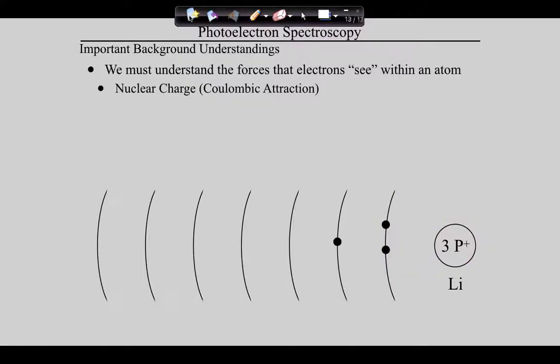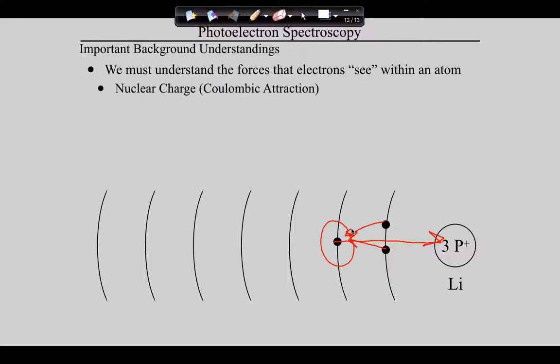Okay, now let's talk about this electron right here. Let's have this conversation first. What forces does that electron see? Good, and that's what we've got to add to this. Does this electron see a Coulomb attraction from the nucleus? Absolutely. But that's not the only force in town now, because this electron sees the repulsive Coulomb force of the core electrons.